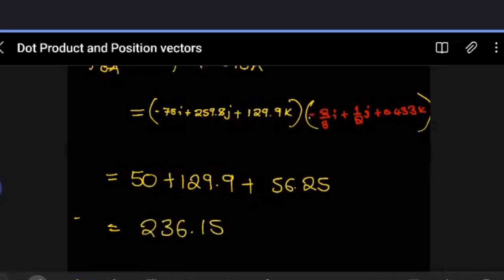Okay, this becomes the force F along OA. Now, the next question is, what will be the units of this value? Well, everything we are breaking down was the force, and the force was in newtons. So we expect this to have the same units as the force that we're dealing with.